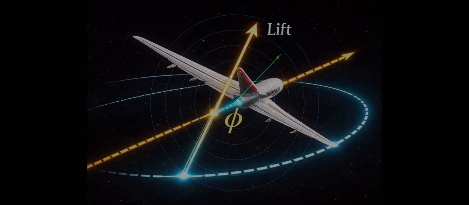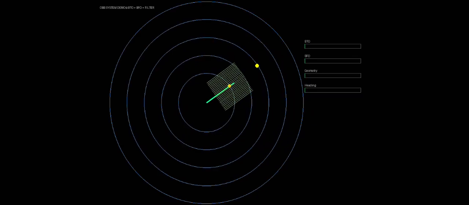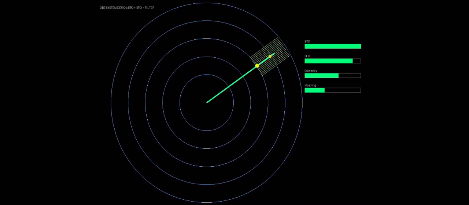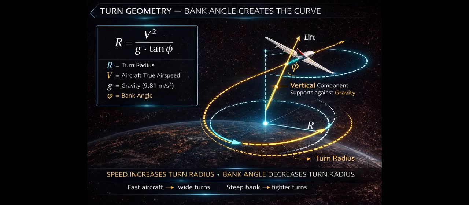Instead of using BTO and BFO simply as positional constraints, this system treats them as a dynamic measurement framework, one capable of reconstructing how the aircraft was actually moving. Not just where it might have been, but how it got there.